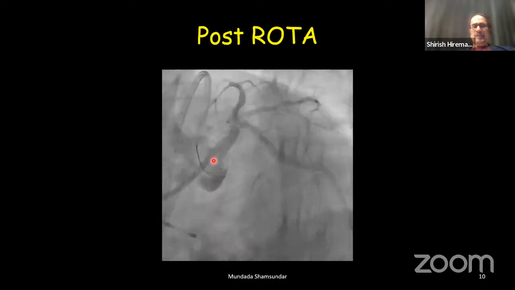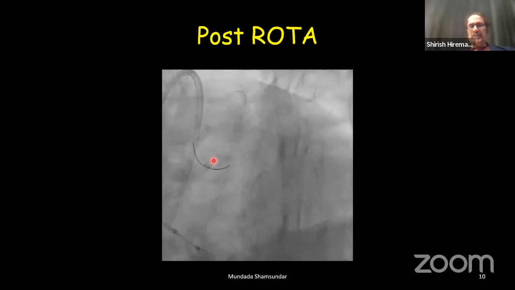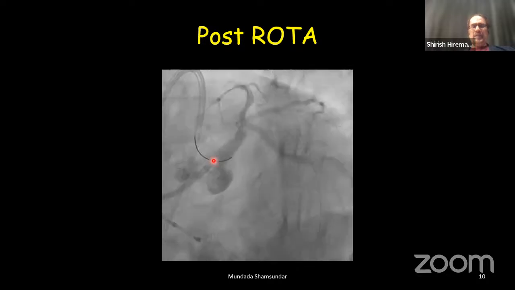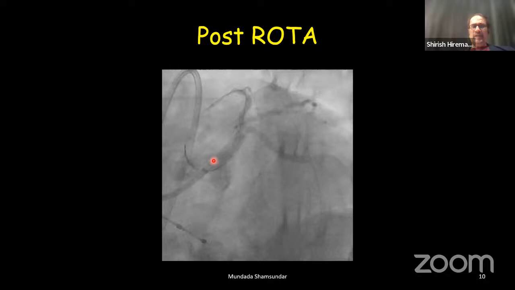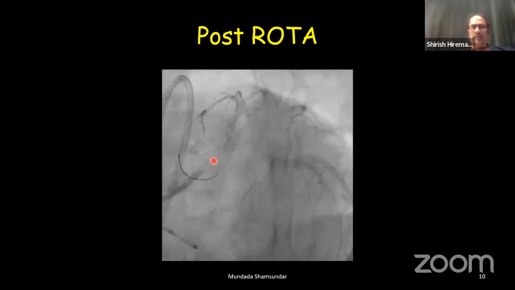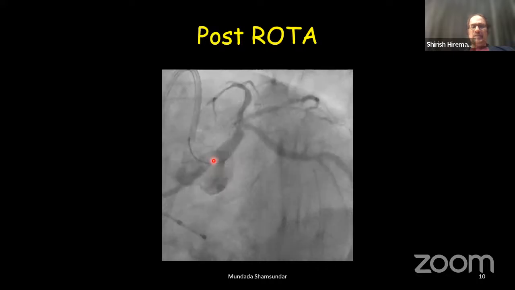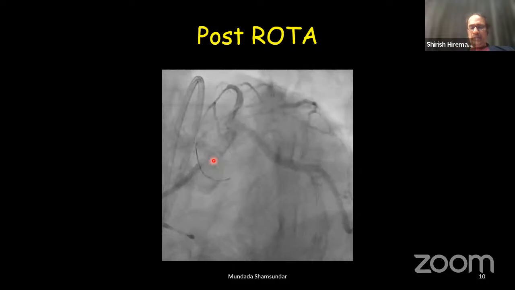And this is a post-rota image. I think the arteries are filling better, and you can see more dye flowing distally. I guess more blood was also flowing. So the idea was not to get the patient into any kind of LV failure on table.